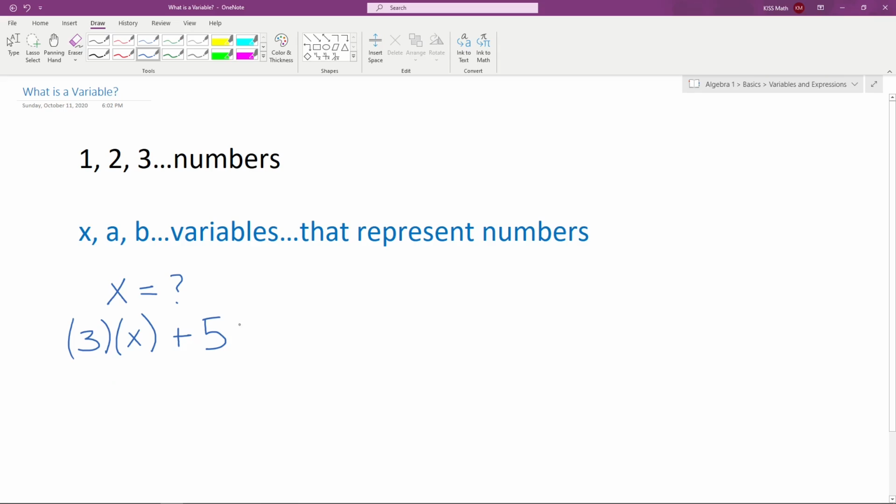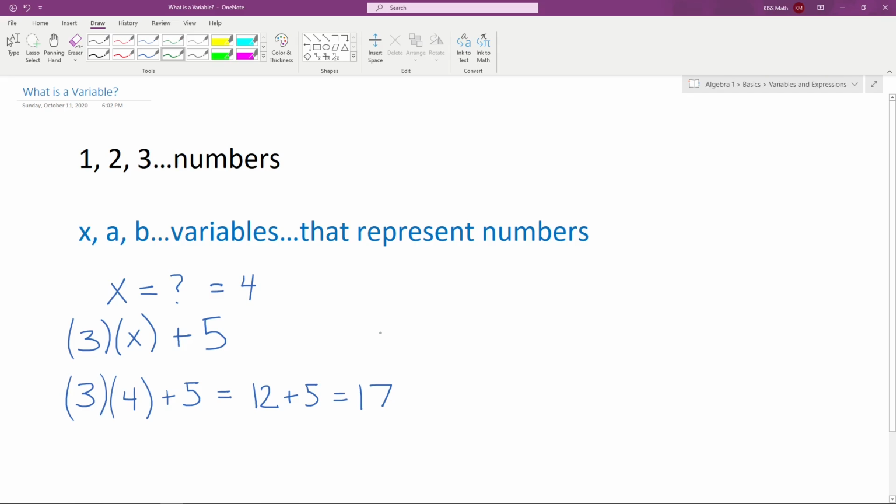But if a little birdie comes along and tells me that x is actually equal to 4, well, then I can go back in and substitute the number 4 every time I see an x, because I know that x is the same as 4. So if I do that, this would become 3 times 4 plus 5, which is 12 plus 5, and that's 17.